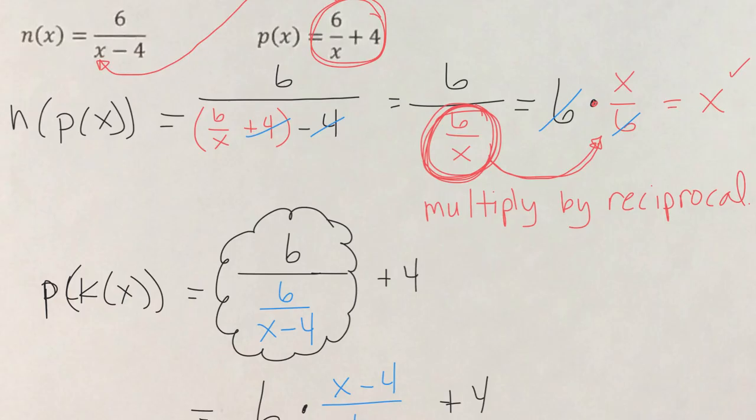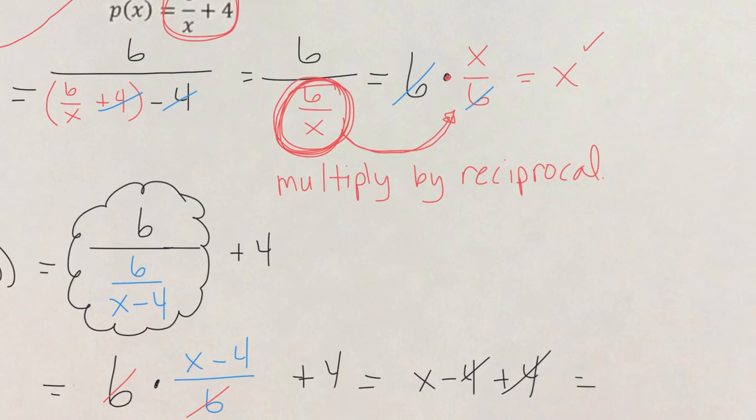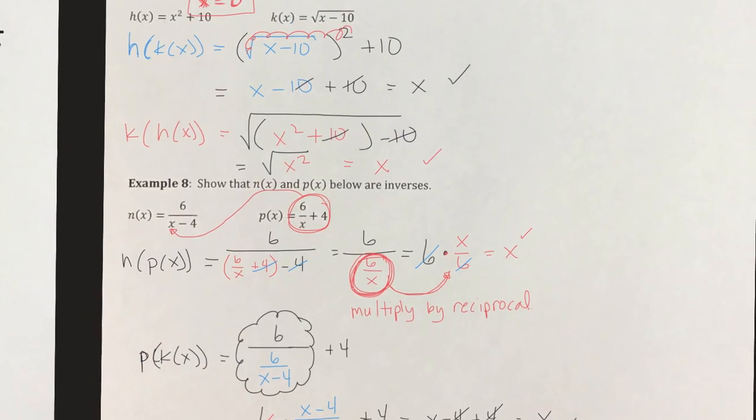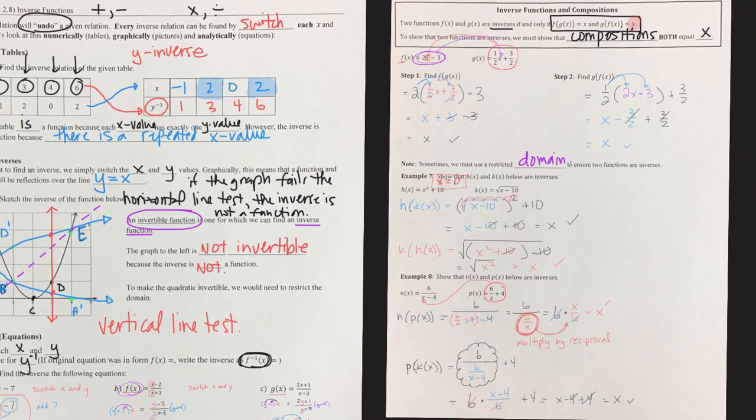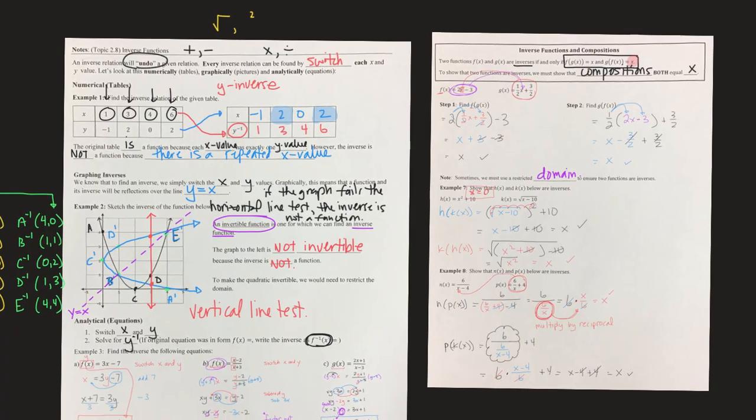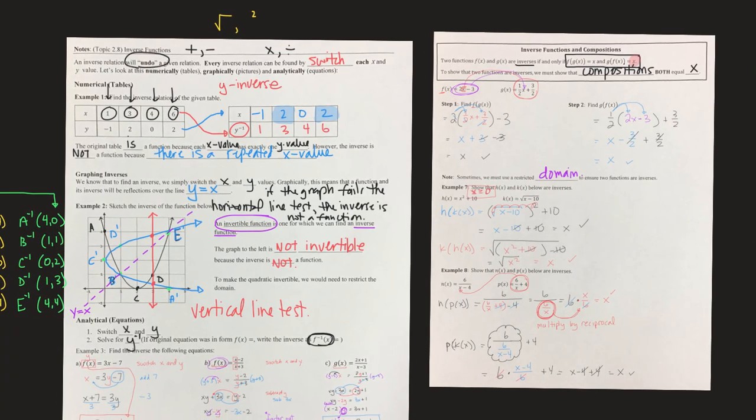So what we notice is the 6's divide out, and that just is x minus 4 plus 4, which also subtract to give you 0, and your answer is just x. Okay? So to form an inverse, you switch the x and the y, and if your two functions compose together to give you x, then those two functions are inverses of each other.